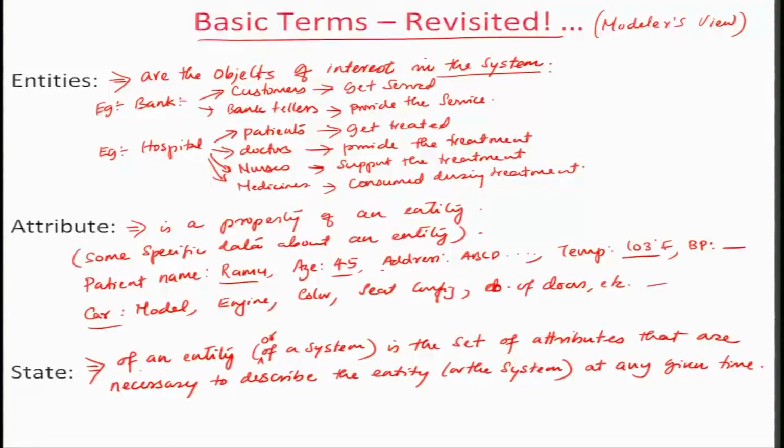So, it is the state of an entity, or you can talk about the state of a system. It is a particular set of attributes that you require to describe the state of the entity or the state of the system at any particular given time. So, like as I said, at 9 a.m.